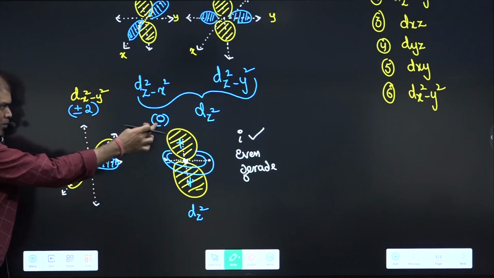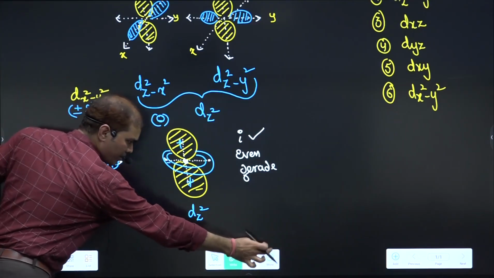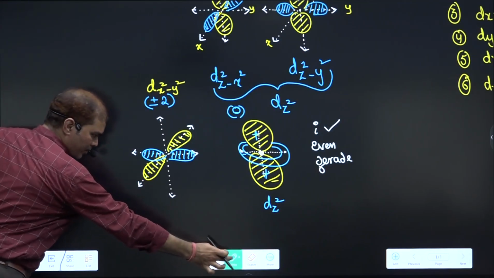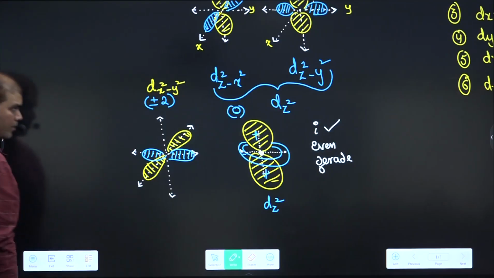I am writing the h by 2 pi orbital angular momentum. For dz square it is 0. For d x square minus y square it is either plus 2 or minus 2.